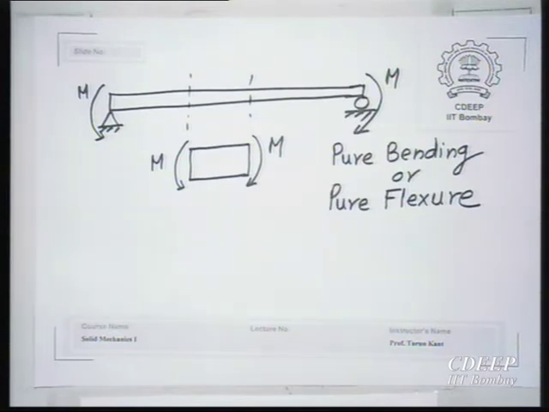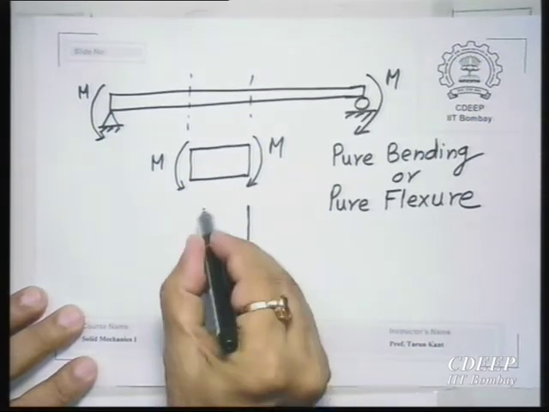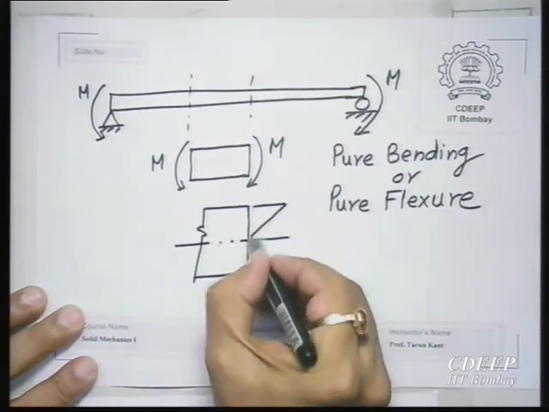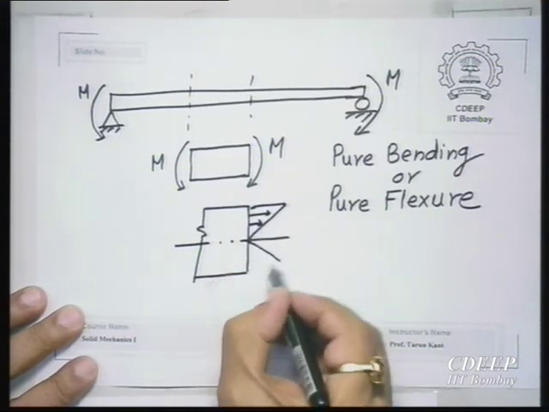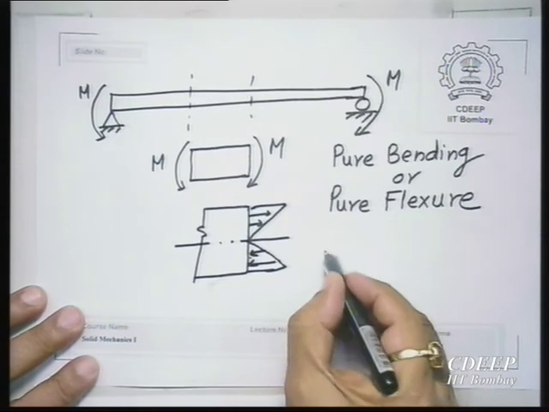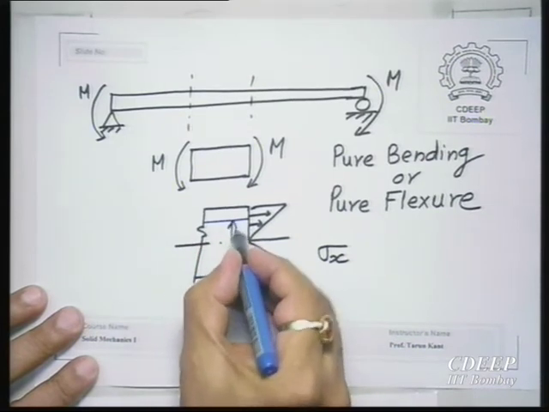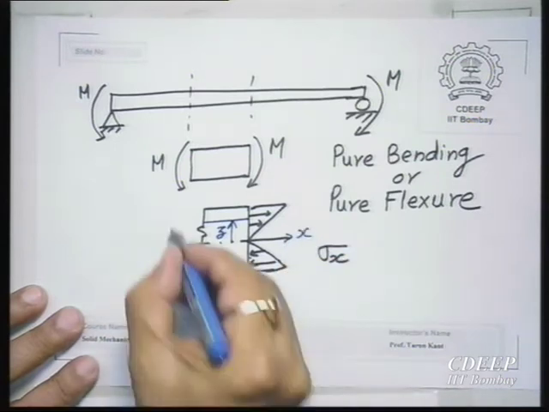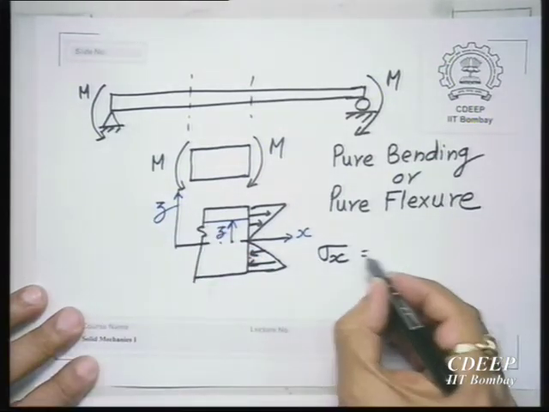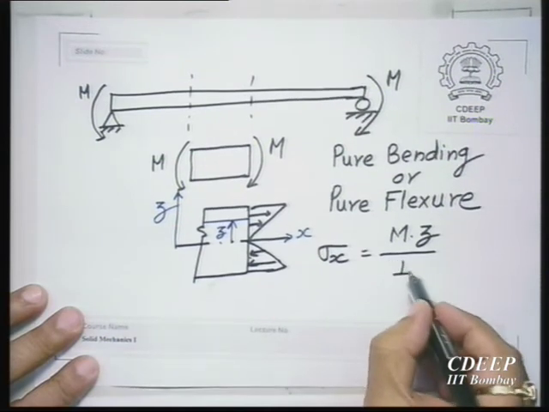And we have got a nice formula which tells me that the stress distribution at any distance z is given by moment into z divided by moment of inertia.